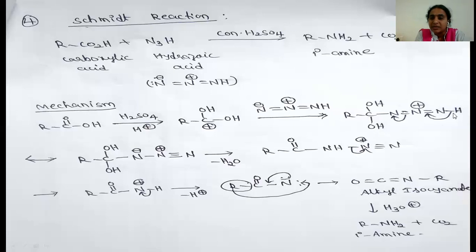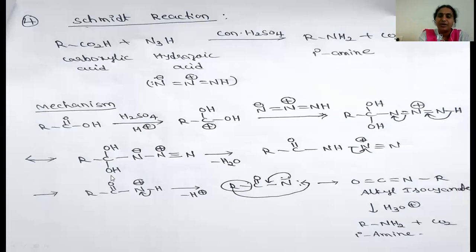Now here this hydrogen gives its bonding electrons here, and simultaneously this pi bonding electron shifts towards this nitrogen.